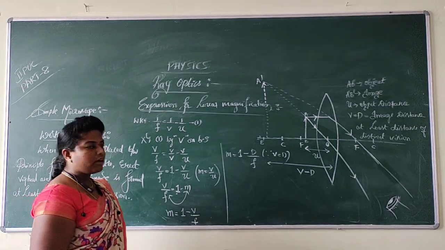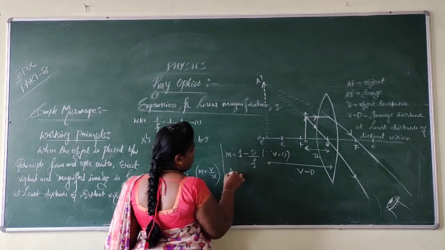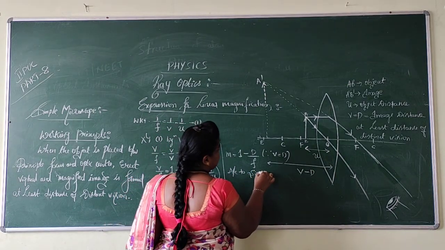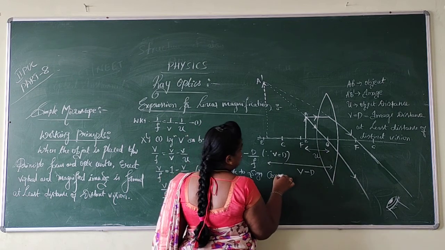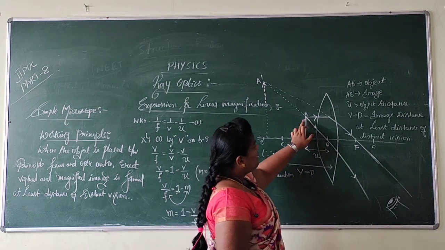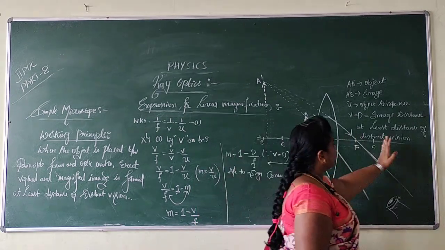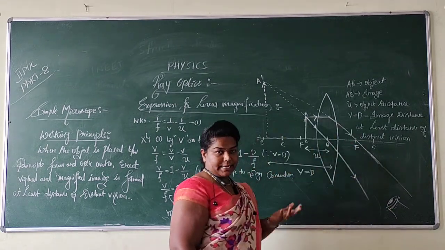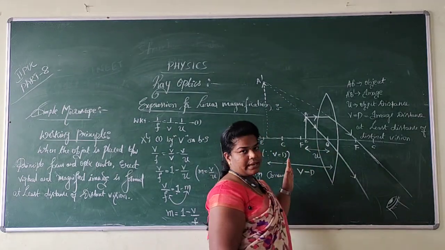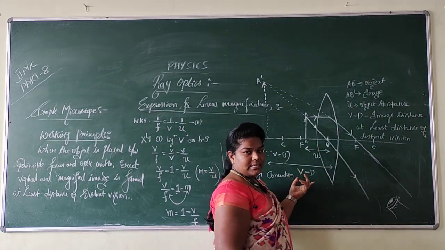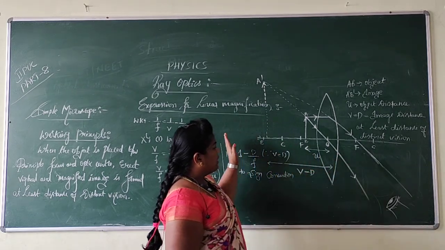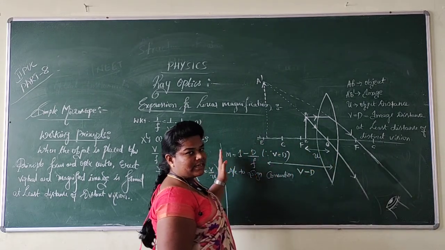But still we have not applied the sign convention. According to sign convention, see here, direction of incident ray is taken as negative. Whereas we are measuring the image distance in opposite direction of incident ray.